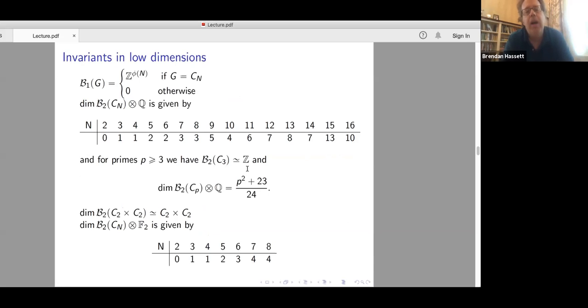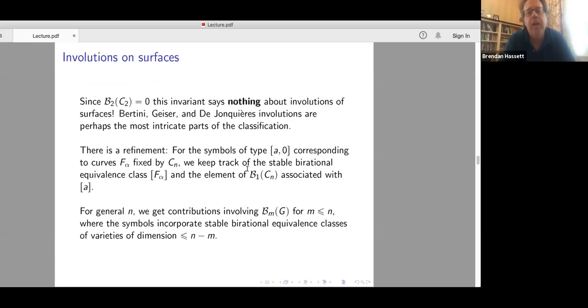And so there's certainly nice interactions between the algebra of invariants and the birational geometry of these fixed point strata. And so I just wanted to point this out, that yes, it says nothing about the classical involutions, but there are ready generalizations that allow you to approach these questions.